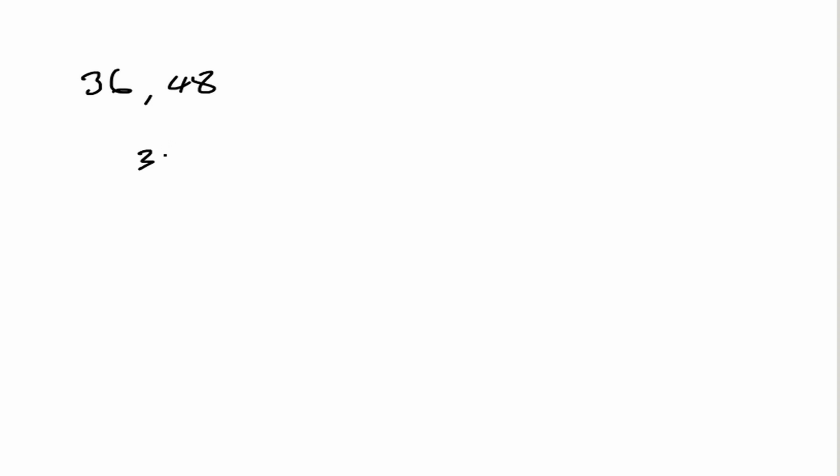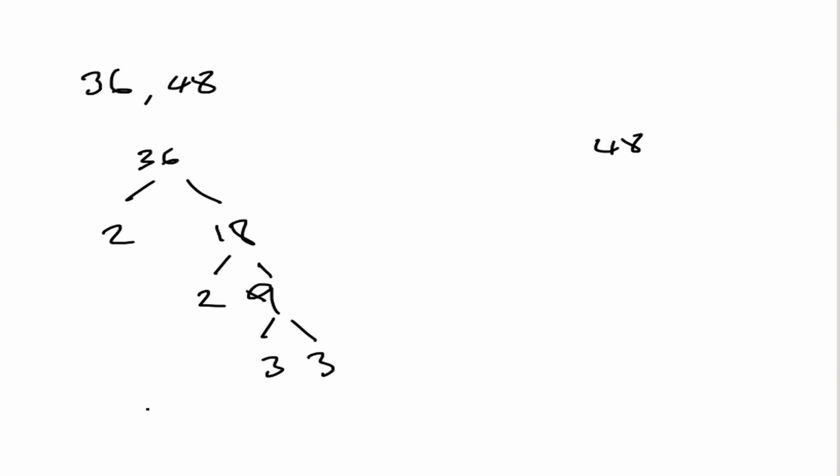So you've got 36 here and, say, 48 here. So 36, that's the same as 2 times 18, same as 2 times 9. That's the same as 3 times 3.